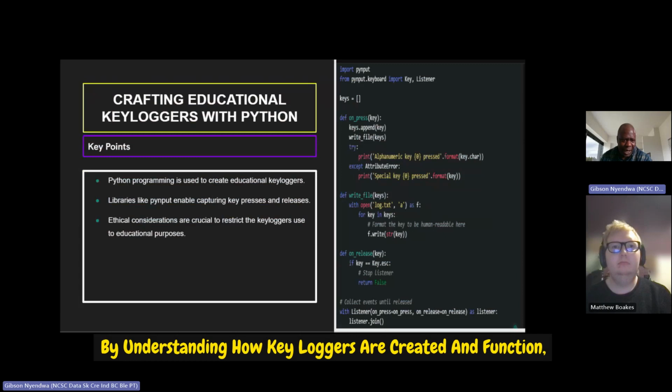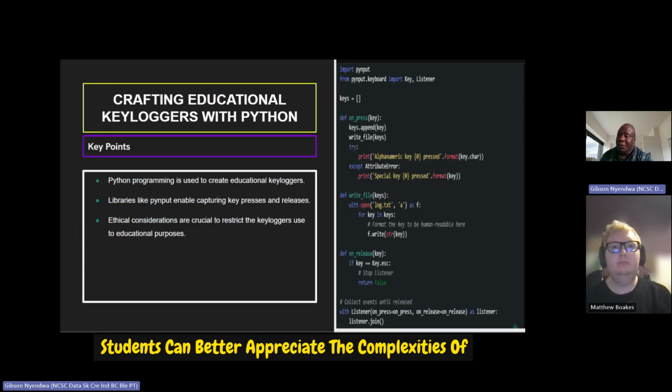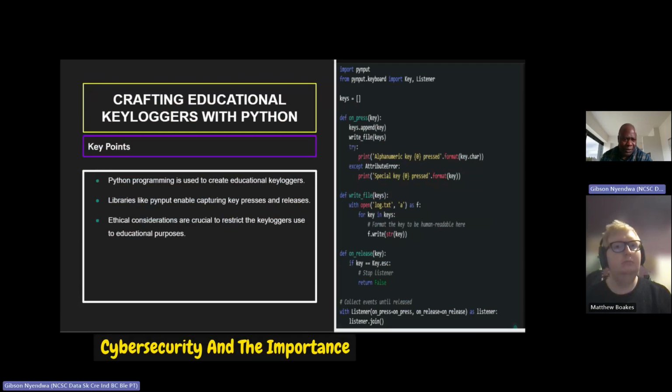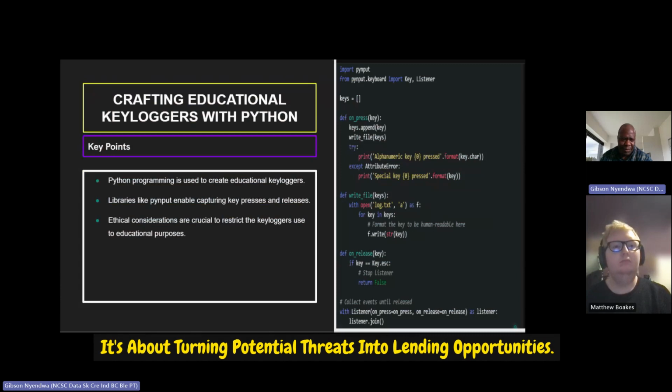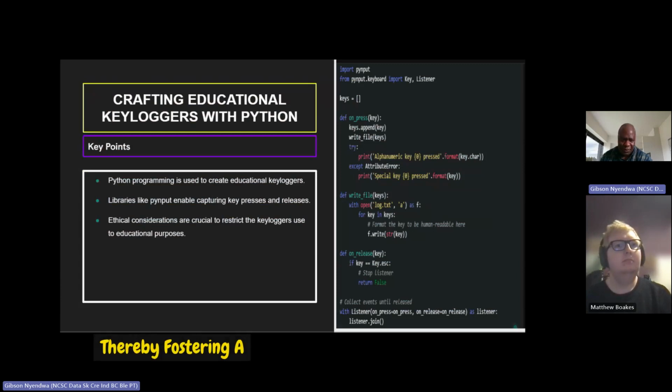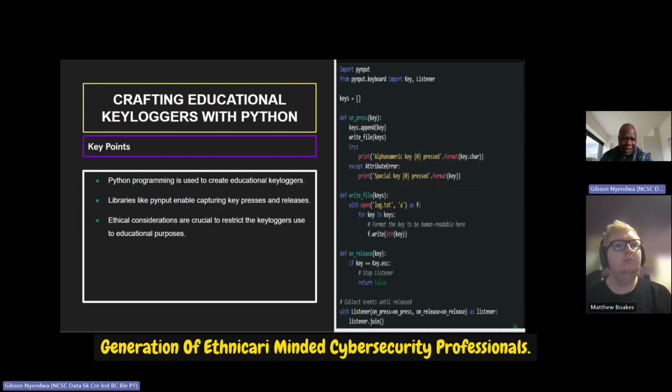By understanding how keyloggers are created and function, students can better appreciate the complexities of cybersecurity and the importance of implementing robust security measures. It's about turning potential threats into learning opportunities, thereby fostering a generation of ethically minded cybersecurity professionals.